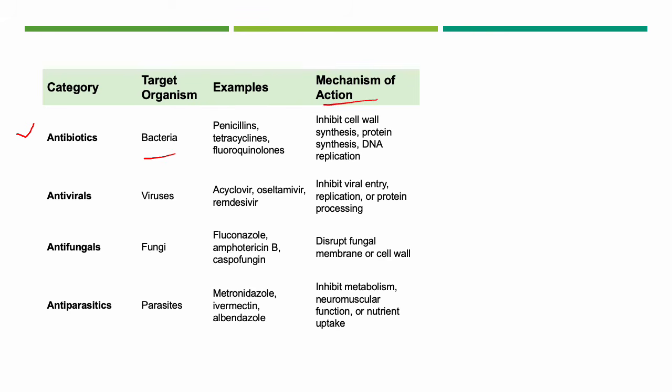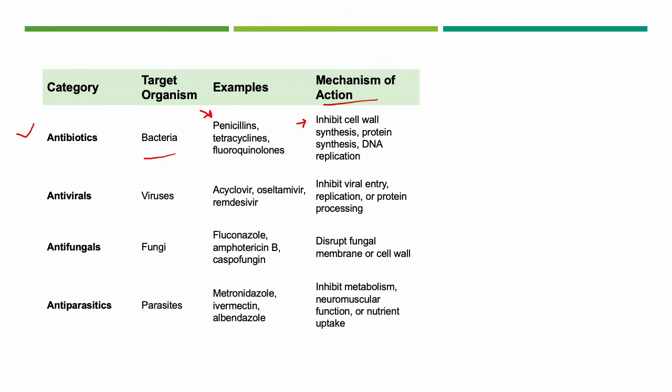So some mechanisms of action are, for example, inhibiting cell wall synthesis. An example is penicillins, also known as beta-lactams. The group of beta-lactams also includes cephalosporins and carbapenems. So these inhibit cell wall synthesis.